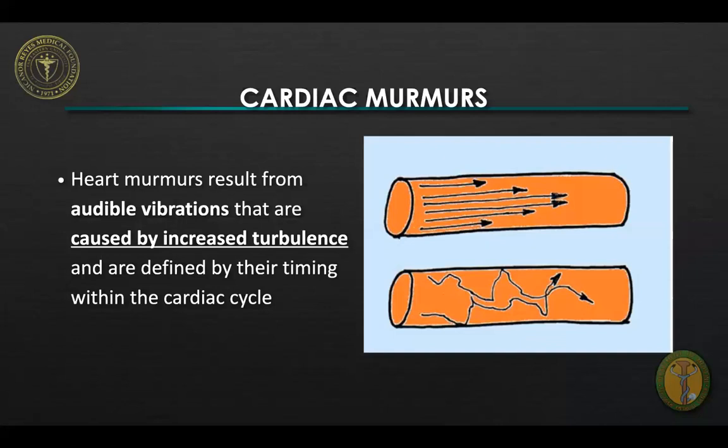Let's proceed to the cardiac murmurs. Heart murmurs result from audible vibrations that are caused by increased turbulence and are defined by their timing within the cardiac cycle.